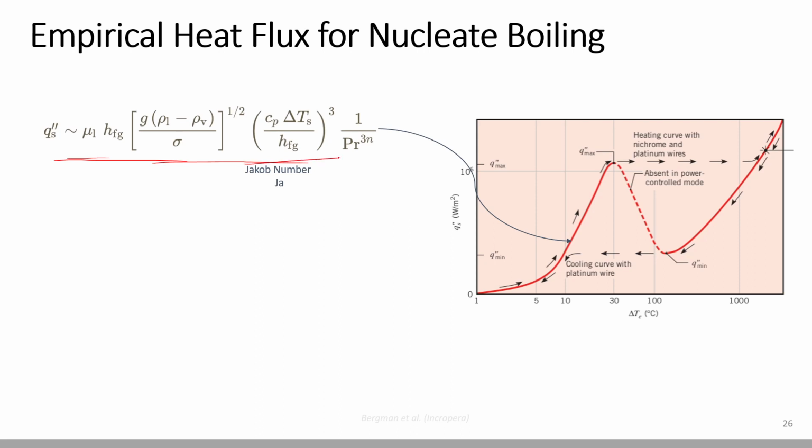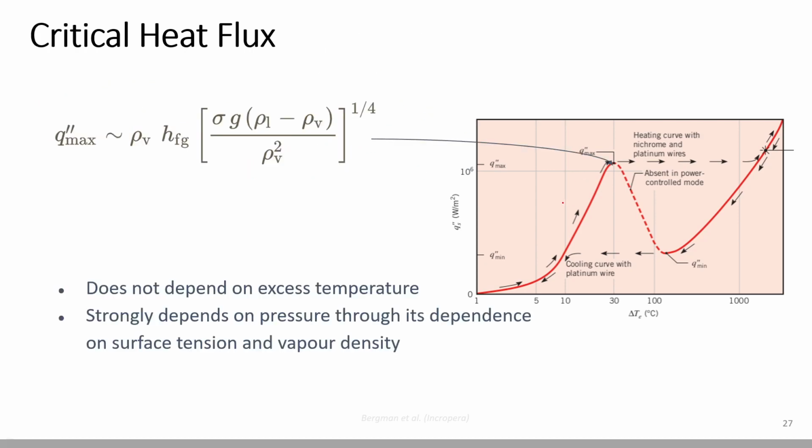So these equations are derived empirically. That is, q double dash is proportional to this viscosity, then h_fg, then this term. So eventually, this is how we can quantify the boiling heat transfer rate in case of nucleate boiling.